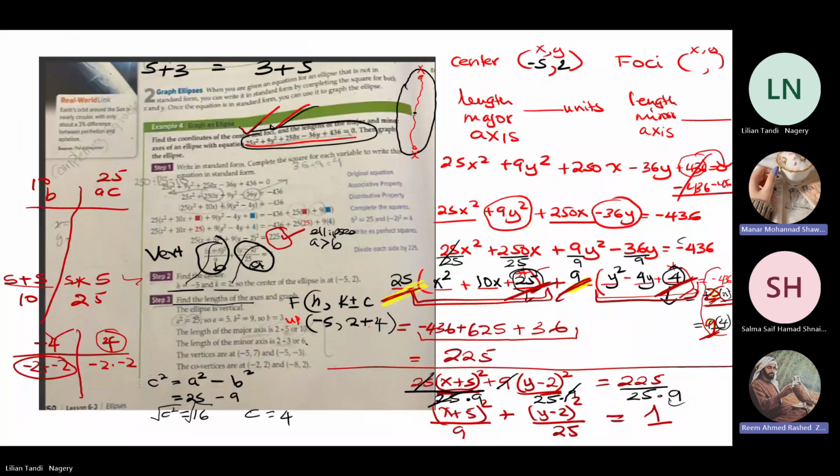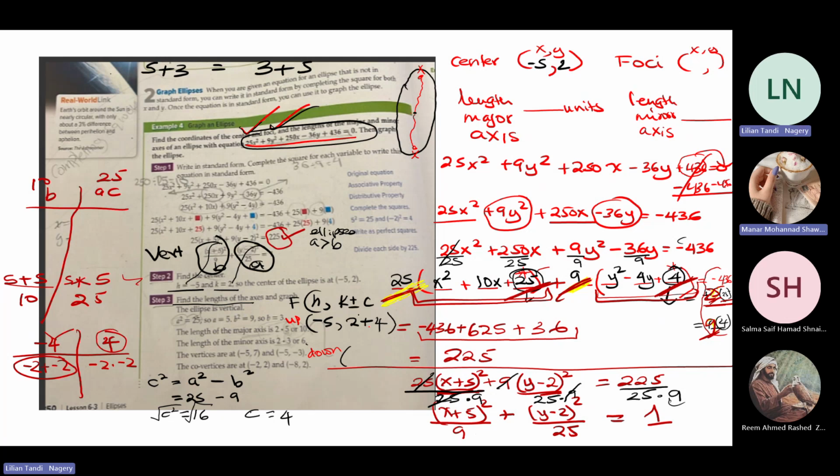I have one way, another way. We go from the center up 4 units. We know the center is -5 with 2. So 2 plus 4 will be 6.